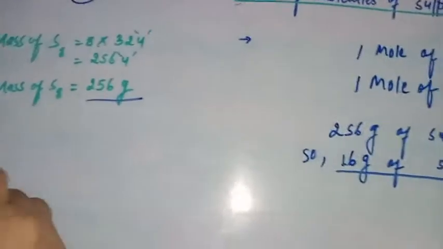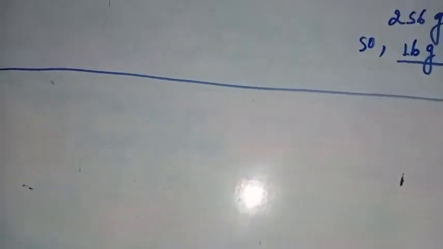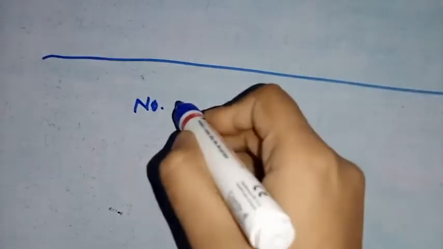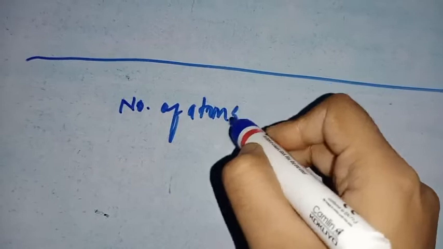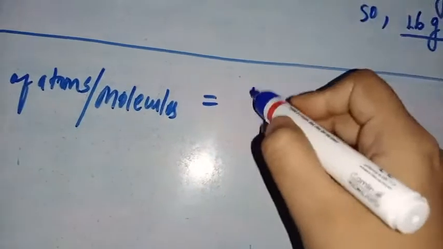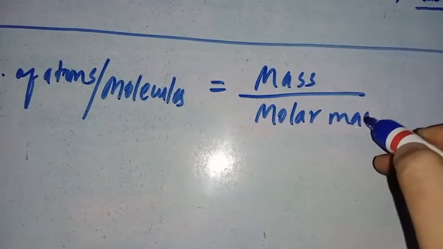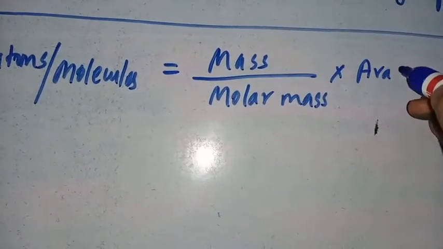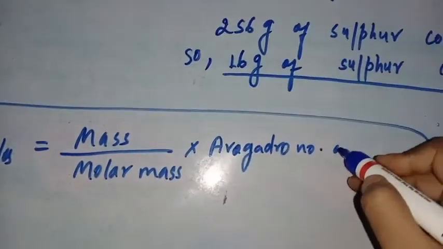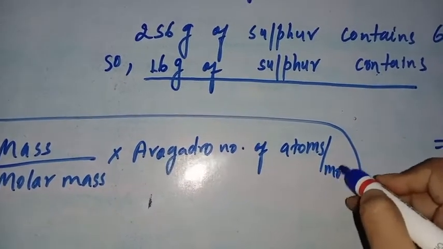There is one more method you can apply, by directly using the formula. You can solve this question. How? You know one formula: number of atoms or number of molecules is equal to given mass divided by molar mass, into Avogadro number of atoms or molecules.